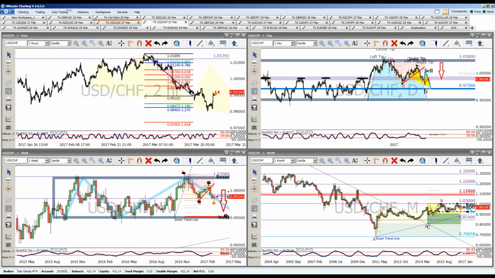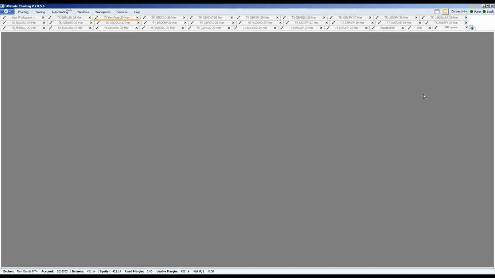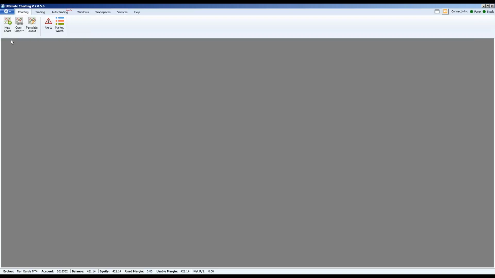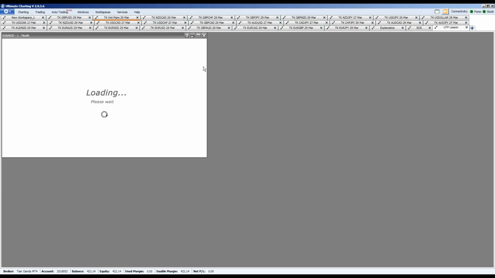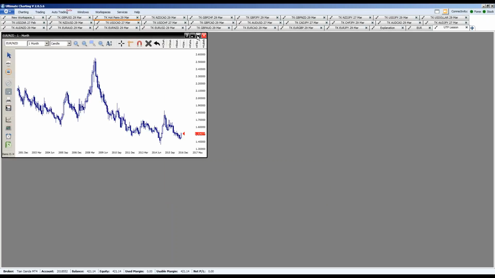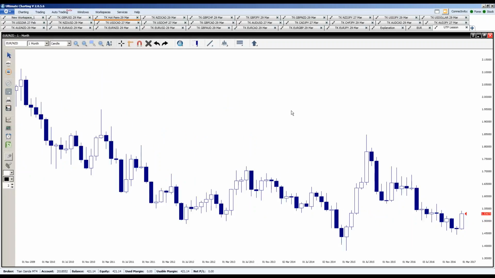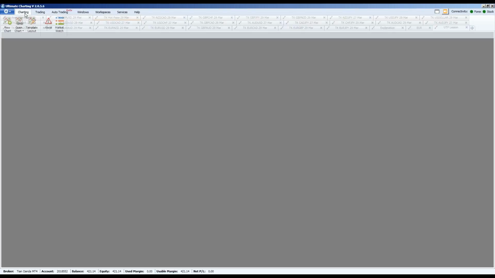To give you an example, we recently saw this on the Euro New Zealand dollar. If we have a look at the monthly, there we go. Sorry, that wasn't the Euro New Zealand, it was the Euro Aussie.